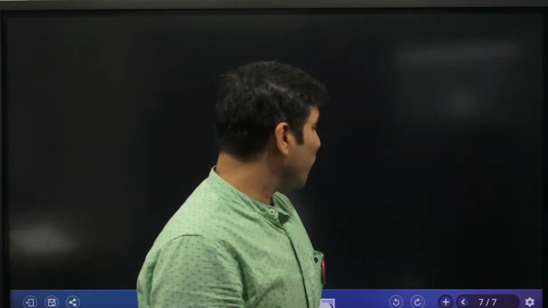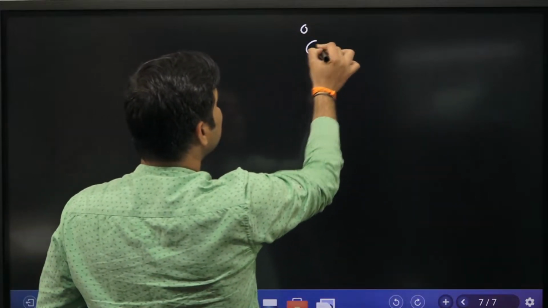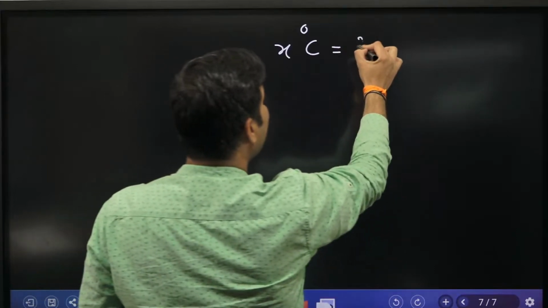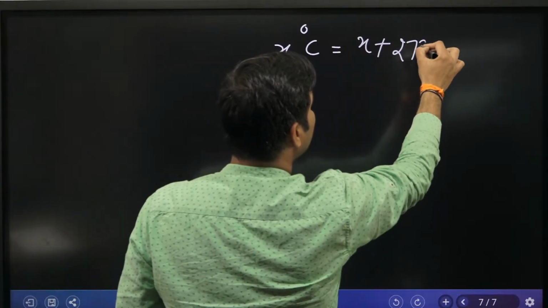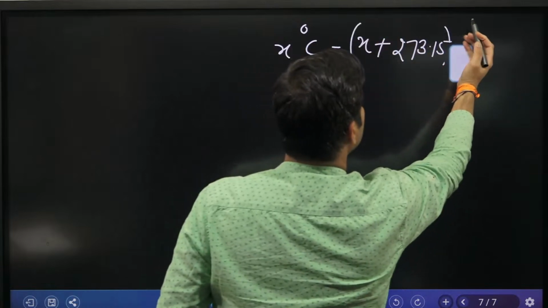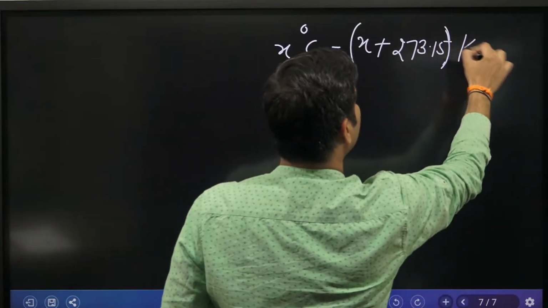Why? Because if you want to convert Kelvin to degree Celsius, it is very simple, you just need to remember this. If you have x degree Celsius, you can write it as x plus 273.15 Kelvin. Just add 273.15 to x, you will get the answer in Kelvin.